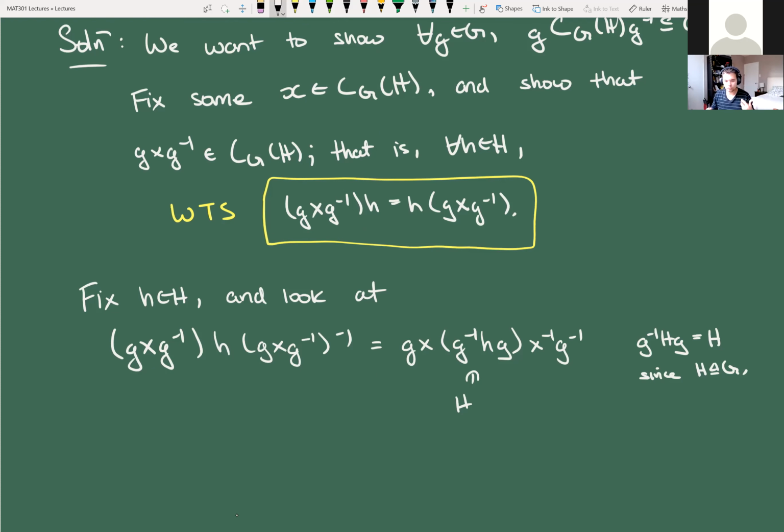It just depends on how much notation you want, but we know that the thing in brackets is an element of H. And the reason why this is phenomenal is because x therefore commutes with it. So x commutes with it. So what this means is that I'm just going to switch it with one of the x's beside it.